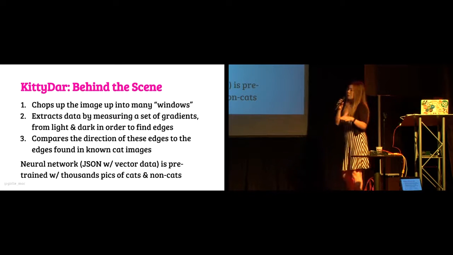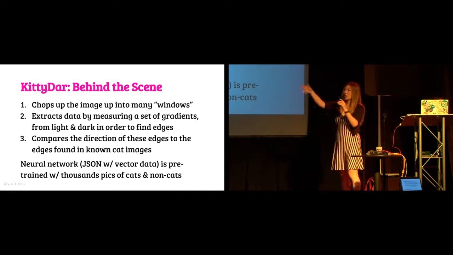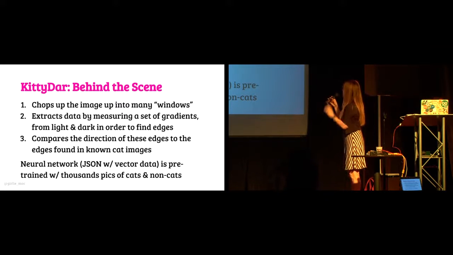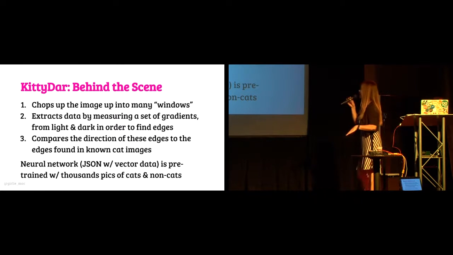You split the picture into a dark part and a light part and try to figure out the edges of the shapes in the photos. To be honest, I don't know exactly how it works, but once you get the edges, you compare them with some existing data.